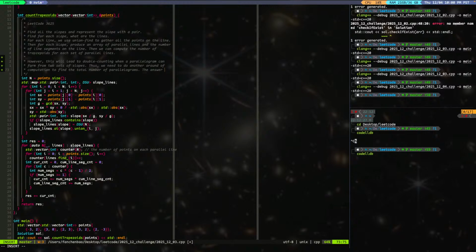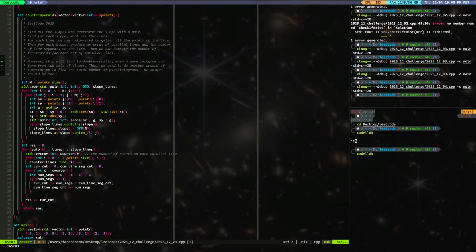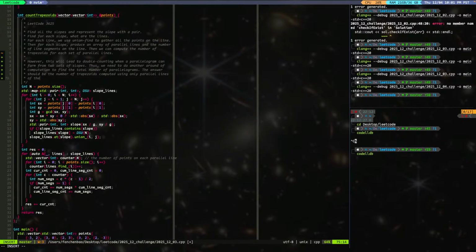The answer should be the number of trapezoids. Actually, I misspelled this. Number of trapezoids computed using only parallel lines of the same slope minus the number of parallelograms.